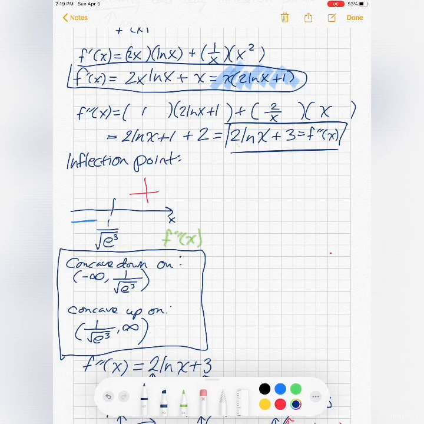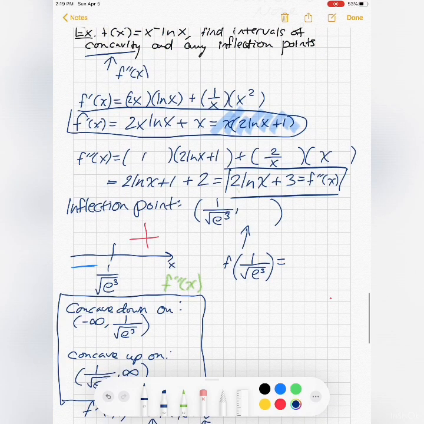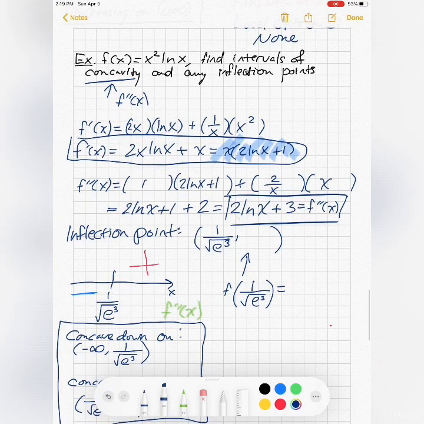Alrighty, so I had 1 over the square root of e cubed. And then I have to plug that value into the function itself. The function was up here.